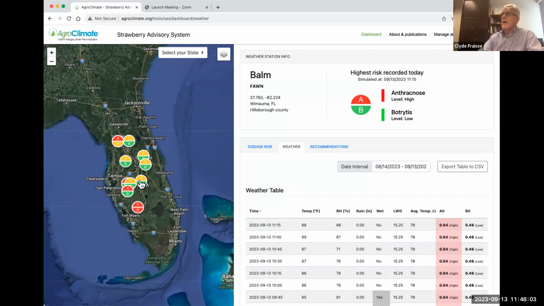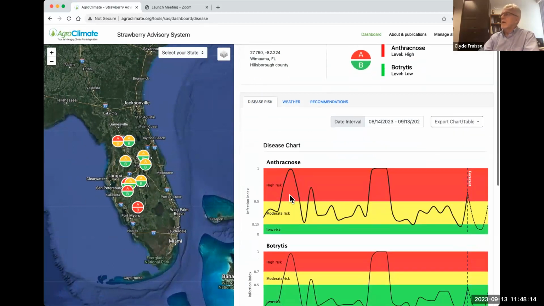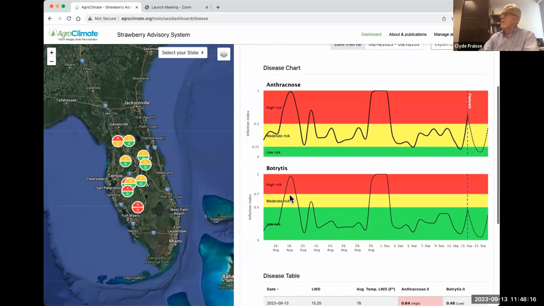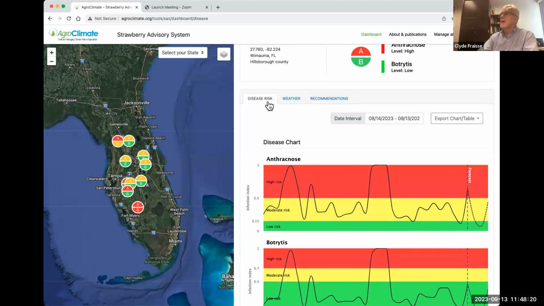And again, A is for anthracnose, B is for botrytis. And the color code here already gives you the level of this risk. This is for both diseases for a particular station.